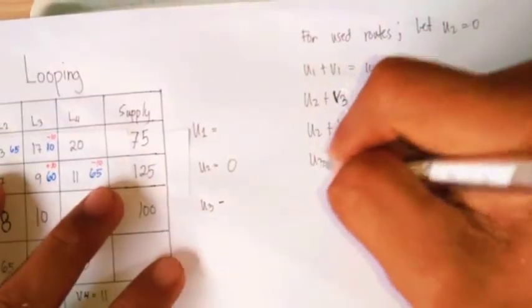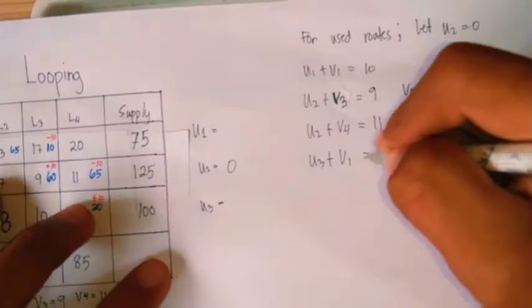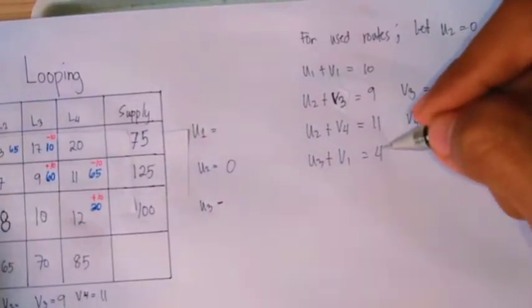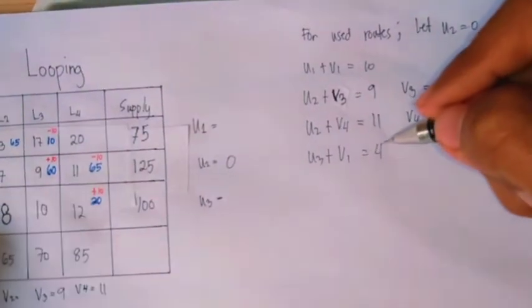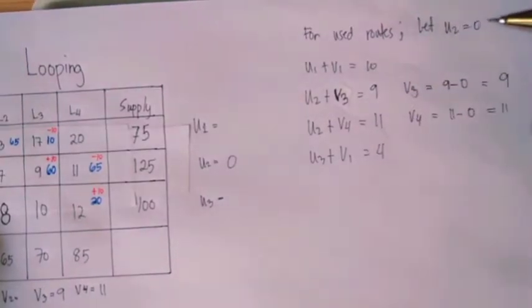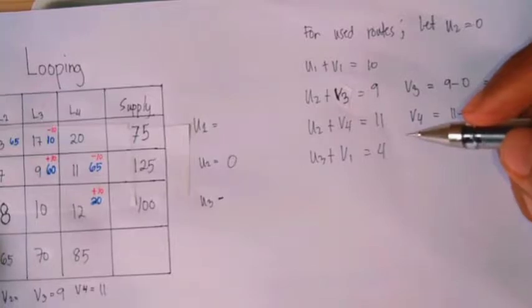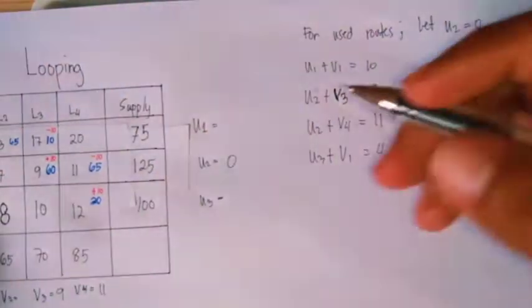U3 plus V1 is 4. Since we don't have the value of U3 and V1, we will back out.